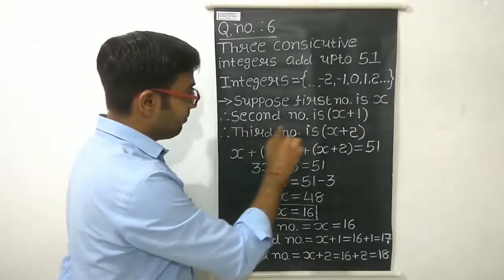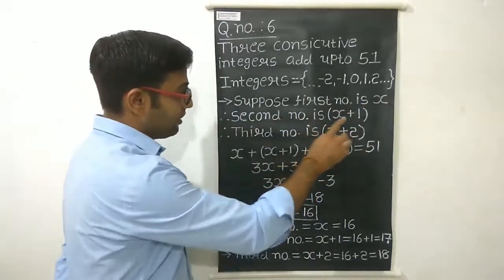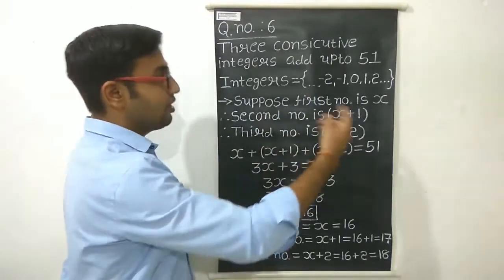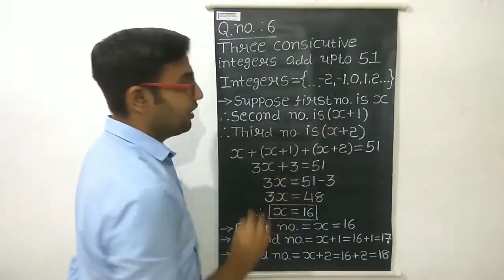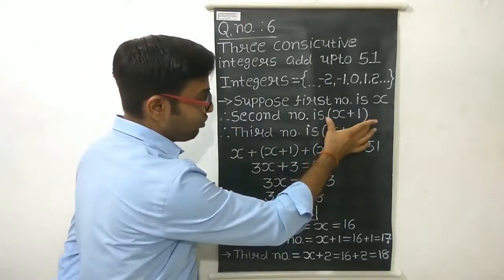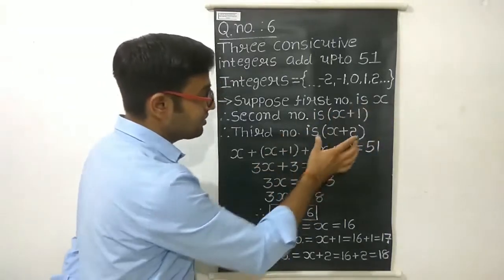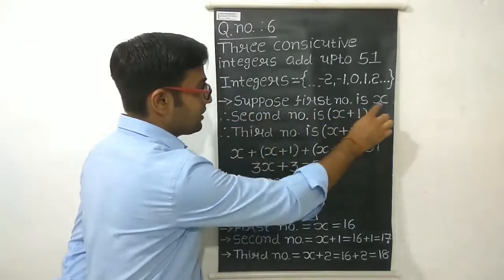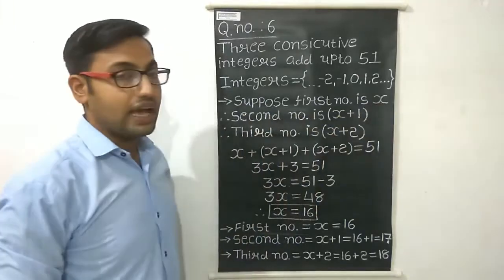So our second number will be x plus 1. In the same way, to get the third number, we have to add 1 to the second number. By adding 1 to this number, we get x plus 1 plus 1, that means x plus 2. So our first number is x, second number is x plus 1, and third number is x plus 2.